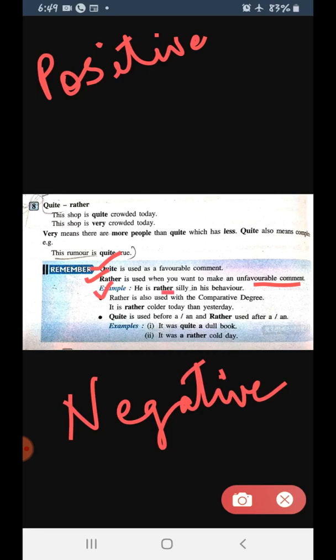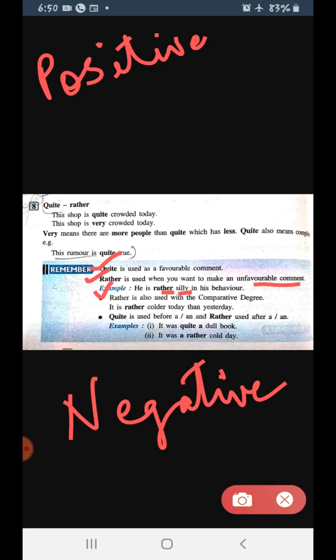Now, if we talk about silly, is the word silly used in positive terms or in negative terms? It is used in negative terms. So we will use rather here and not quite. We will not say he is quite silly. We will say he is rather silly, because silly doesn't come under positive statement.